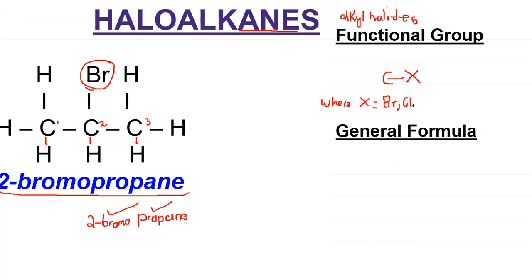But for interest's sake, it could also have been fluorine, it could also have been iodine, because these are halogens. So X represents a halogen. So it's a carbon that is bonded to X, and X can be any of those. It's just that for your syllabus, we deal in particular with bromine and chlorine.